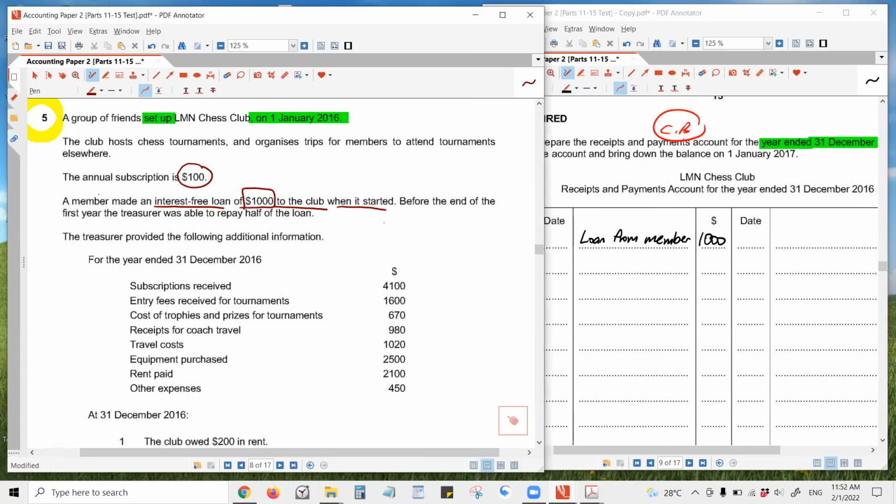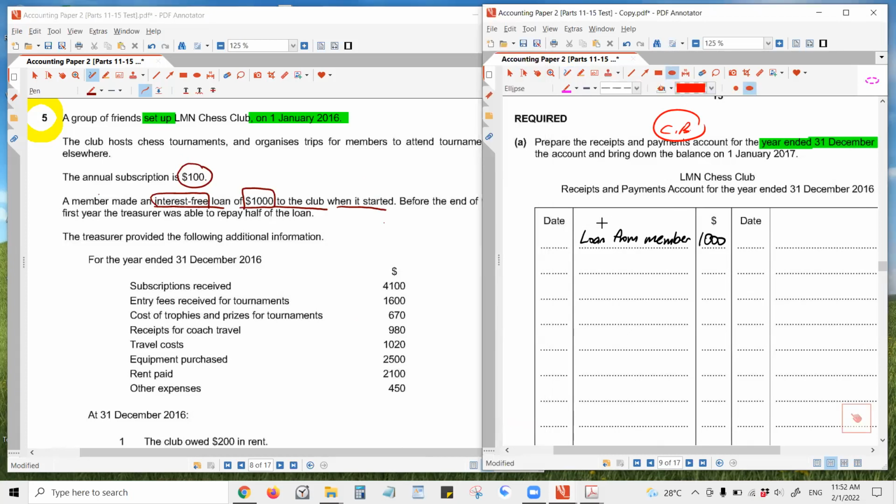Okay, you may also write interest free in front of the loan. Without it, I think it's also fine. Because the term, you must have the two keywords here. Loan, you must have this word loan, and you must have from member, indicating that it's a loan from member. And since the term is already so lengthy, if you have interest free in front, it doesn't look very nice.